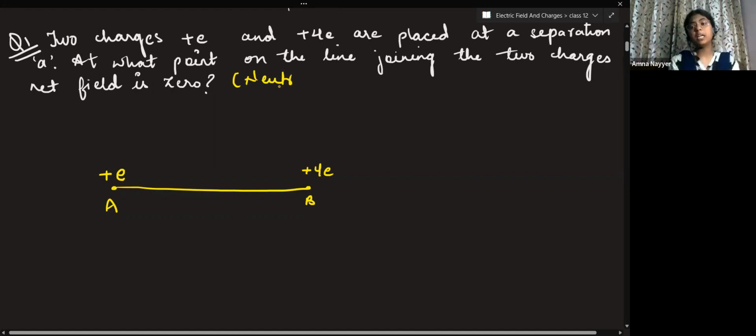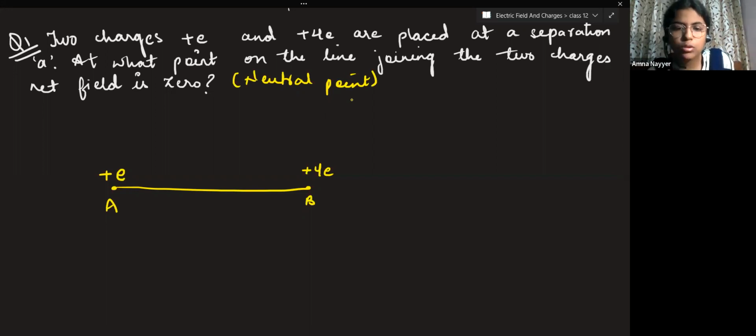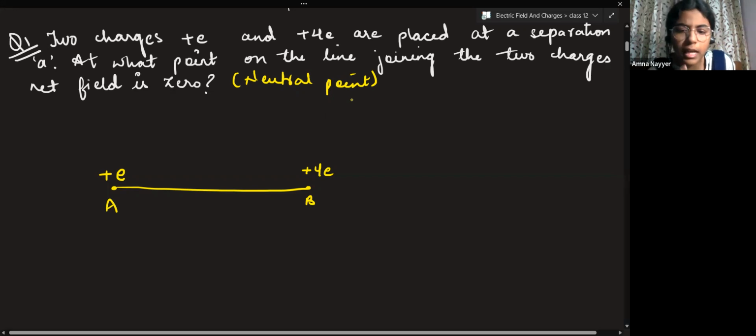It can be given to you directly to calculate the neutral point, or it can be given in a theoretical way, like at what point net electric field is 0. So we have to find out the neutral point. Now we don't know which point it is. Is it on the line joining the centers? So how will we solve it?